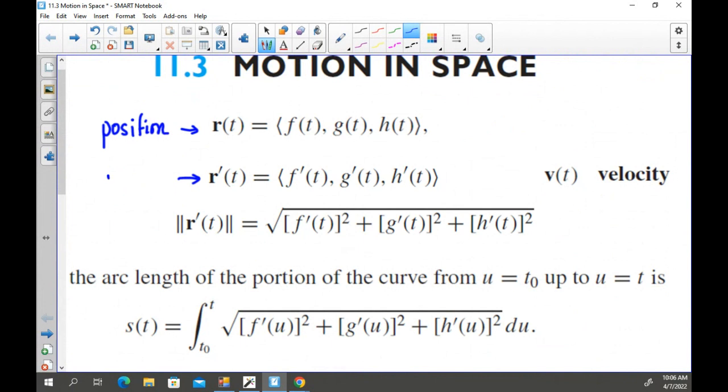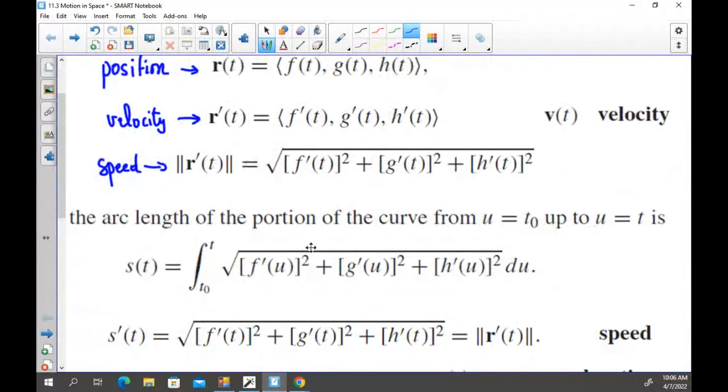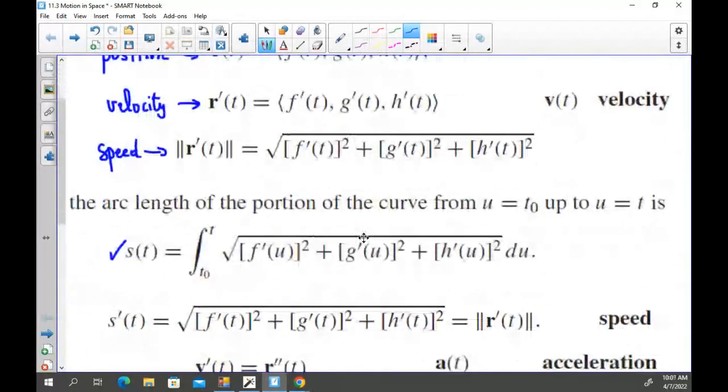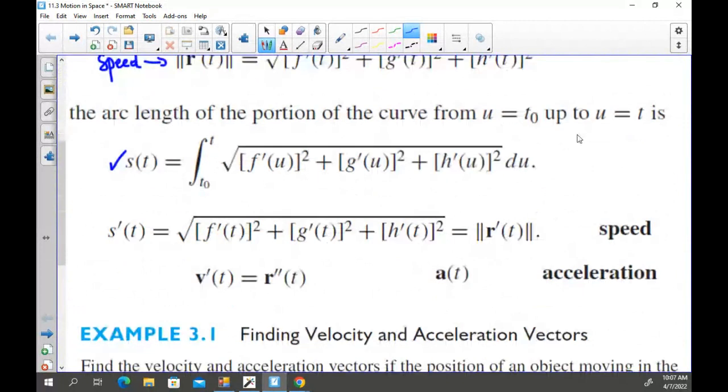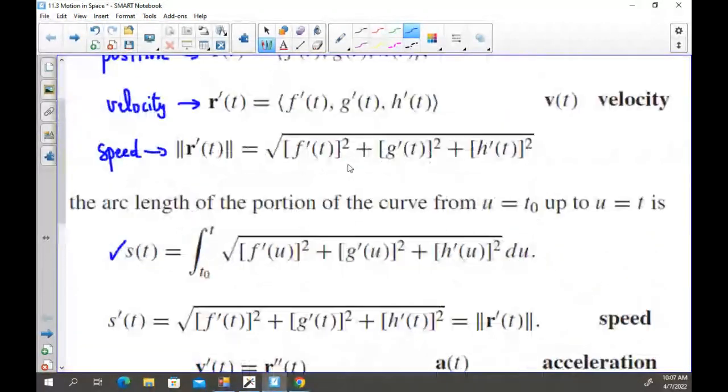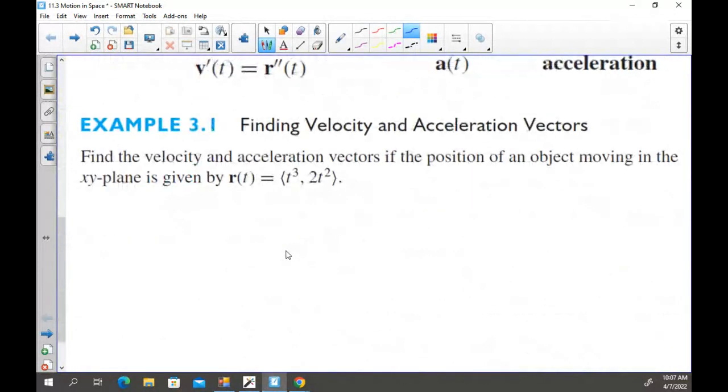The r dash is the velocity. The magnitude of r dash is the speed. And of course, if you want the length of the curve, we've already seen this before, S of t, then you just integrate the three components, f dash, g dash, h dash squared.